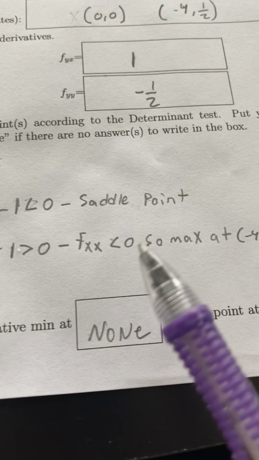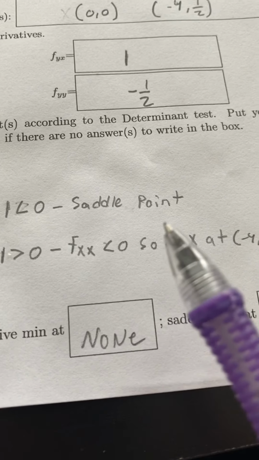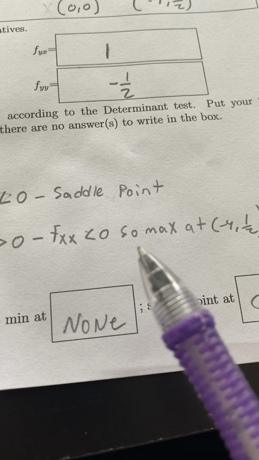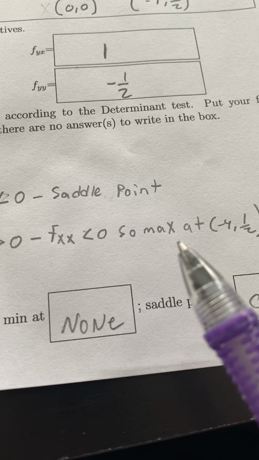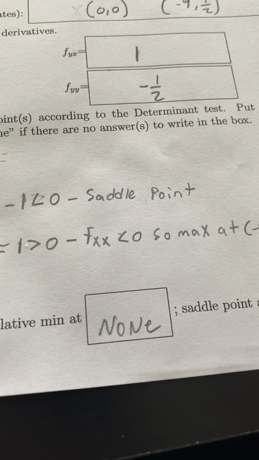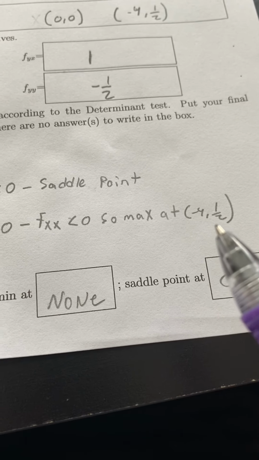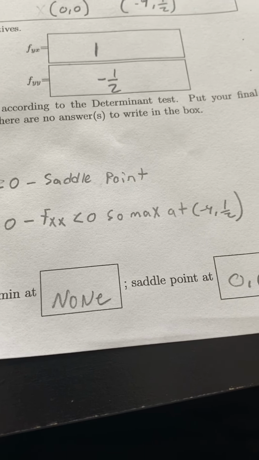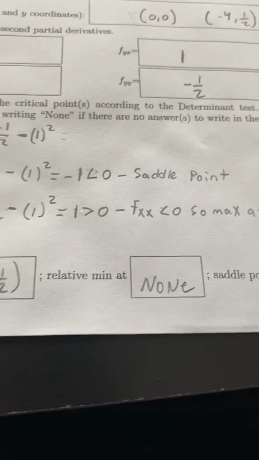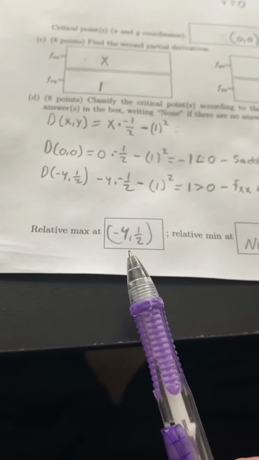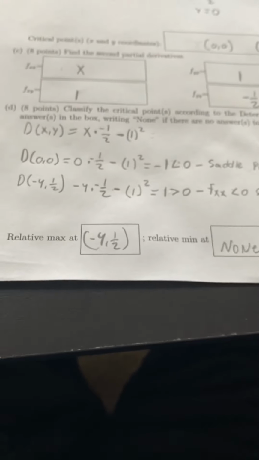And then my xx is less than 0, so my max at negative 4, 1/2 would be my max, right there. And since I have my max, I know that I would not have a min.